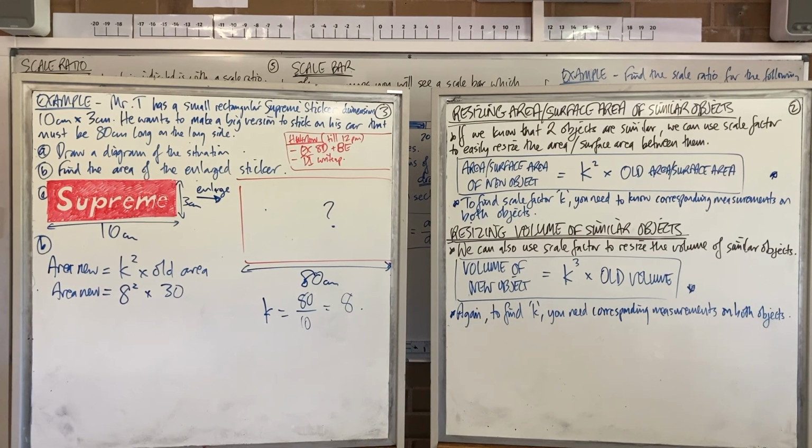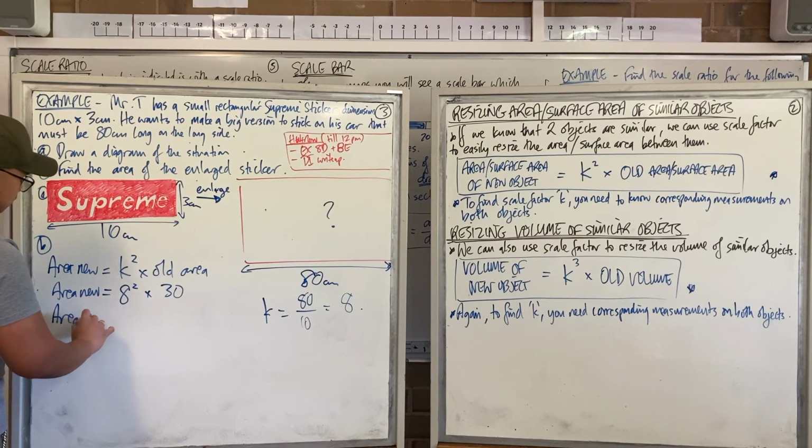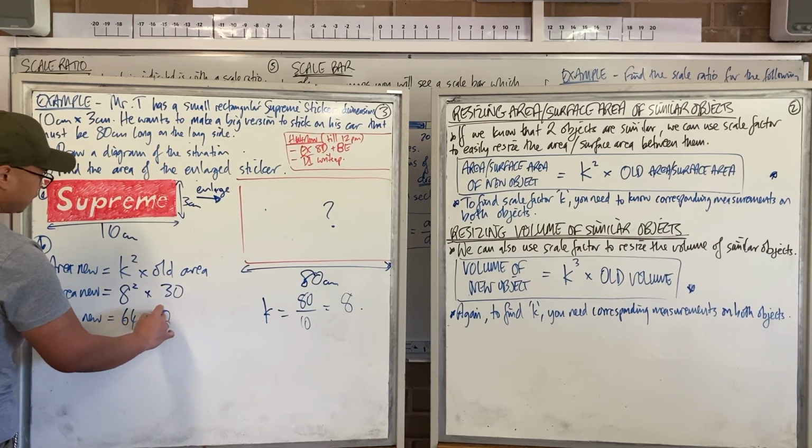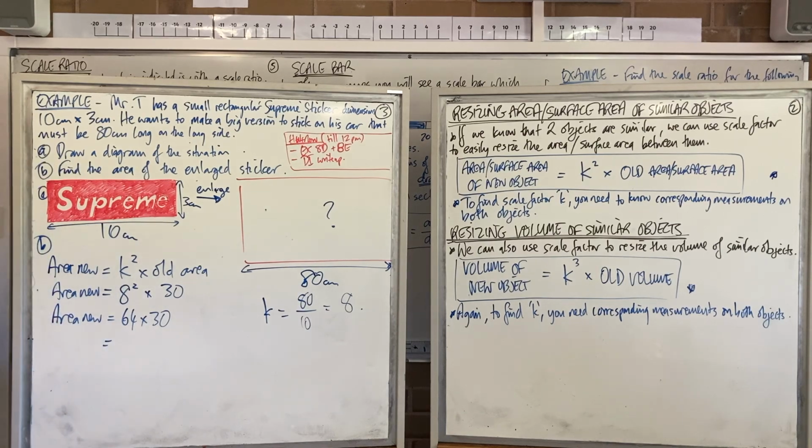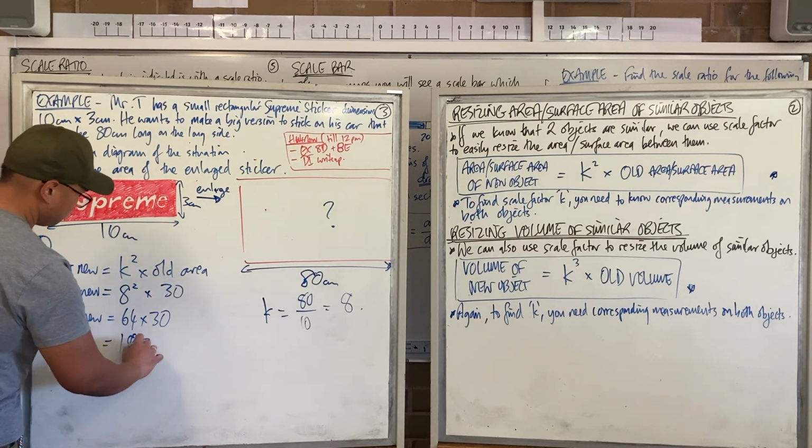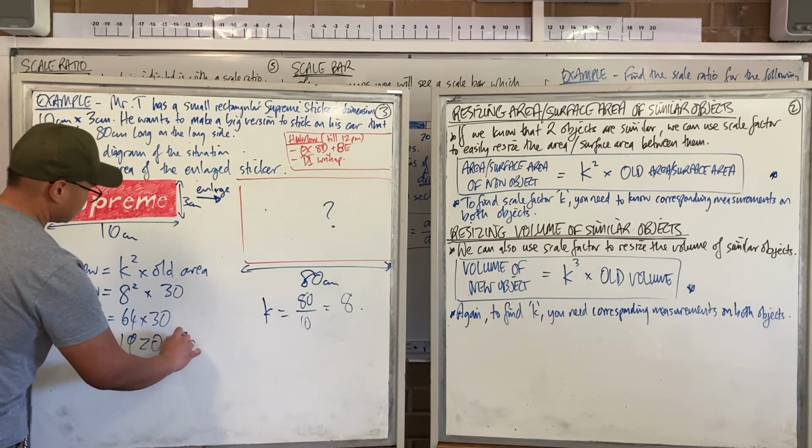Because we're talking area. So area new equals, what is that? 8 times 8 is 64. You'll have a calculator anyway. So 64 by 30. 1920 square centimeters.